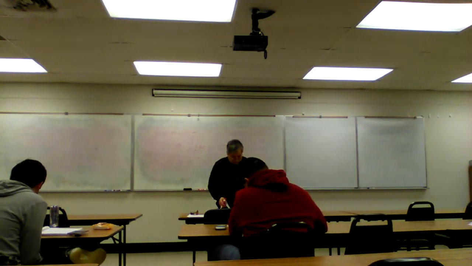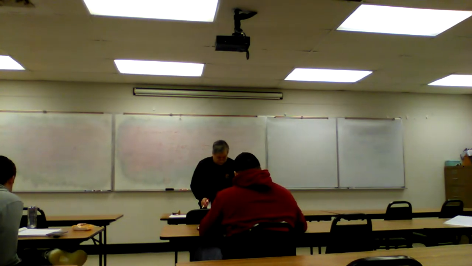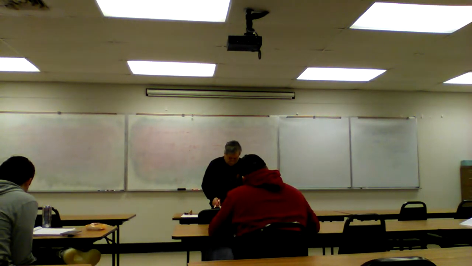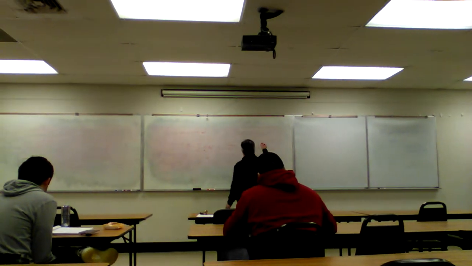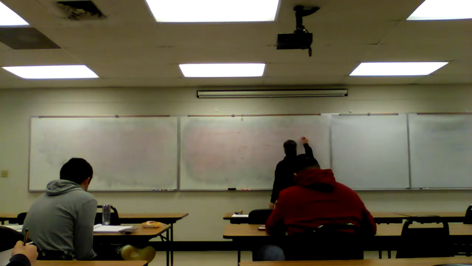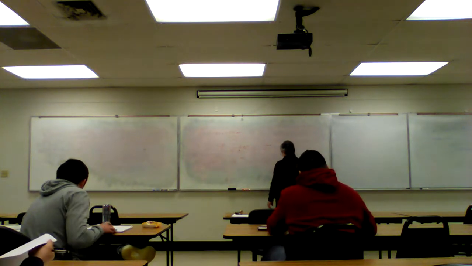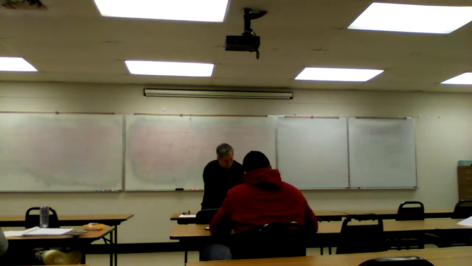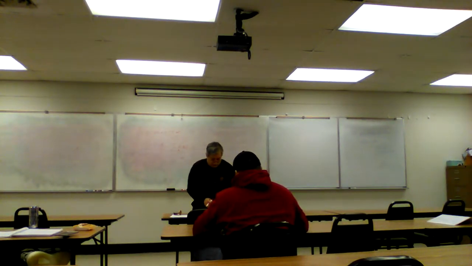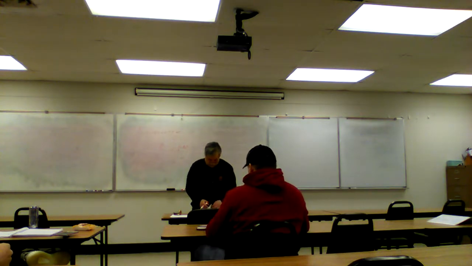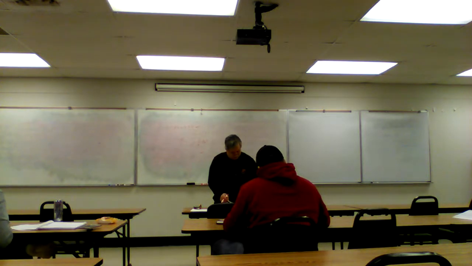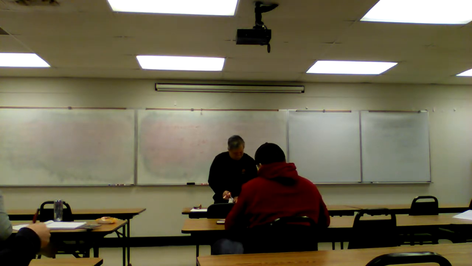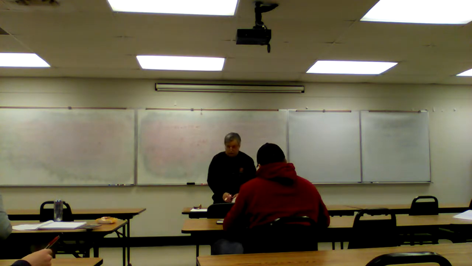Let's go find the actual number. That's the charge of an electron, 1.602 times 10 to the minus 19 coulombs.